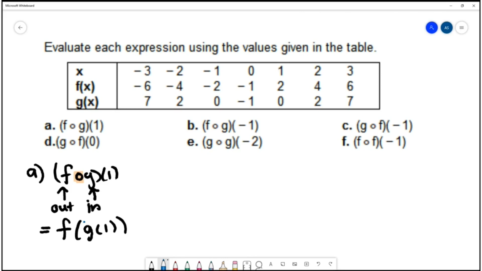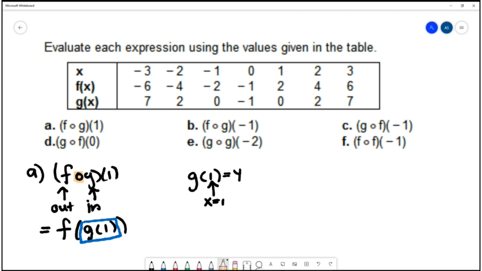Now, if we focus on the notation that we have inside, we have g of 1. That notation, g of 1, is giving us a value of x. x is equal to 1. And g of 1 is referring to a y value.